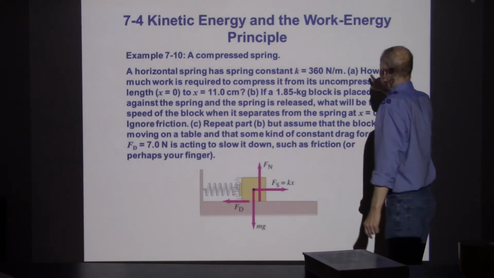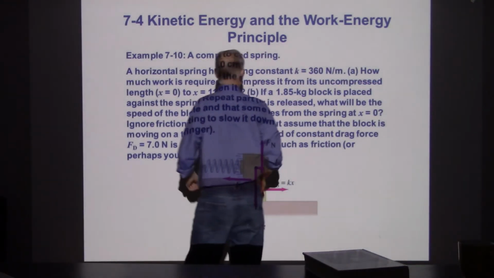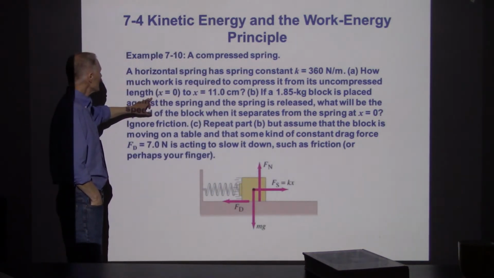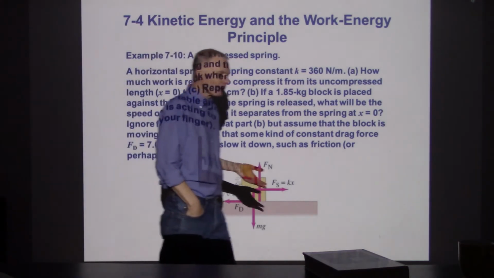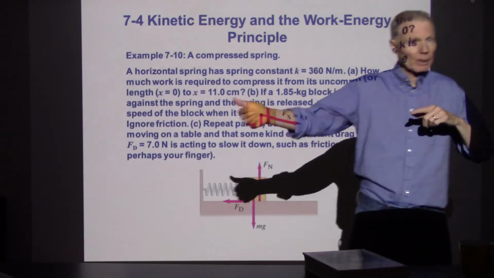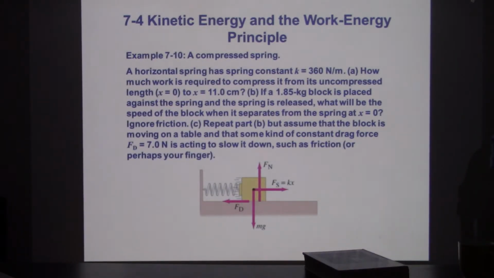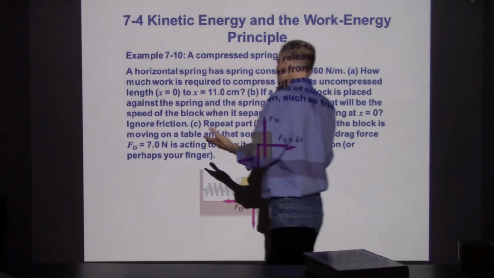Now, it says how much work would be required to compress it from the uncompressed length. So the spring's going to start off uncompressed. And we're going to draw diagrams for this, and for sure, one of those diagrams is going to show an uncompressed spring, because that's what you got to do on these diagrams, I feel like.